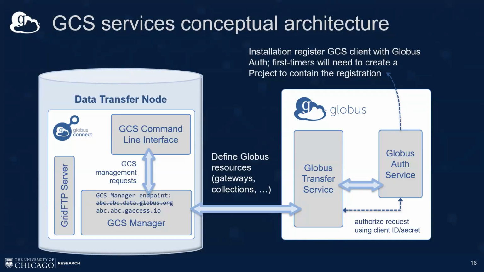There is a service, GCS Manager, that runs there. That is responsible for taking commands from the CLI interface and then talking to the Globus service that we run, the Globus transfer service, Globus Auth, all of those.